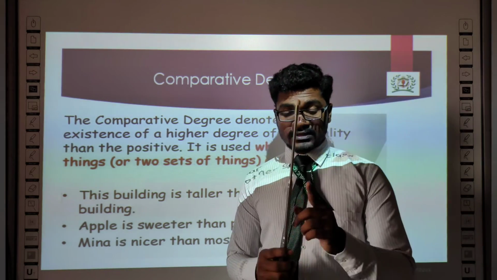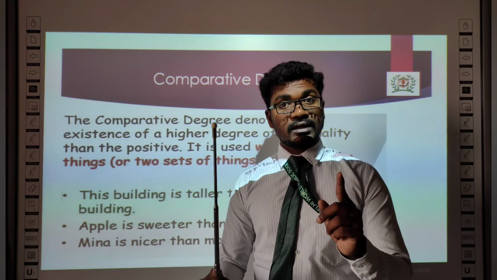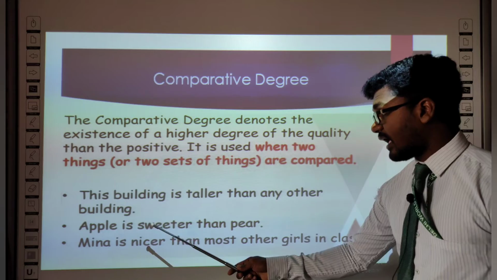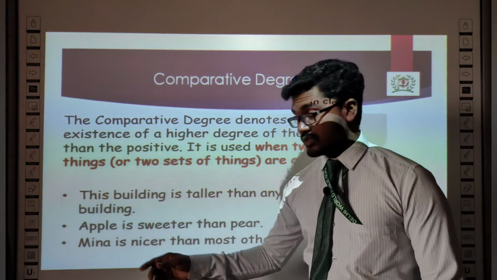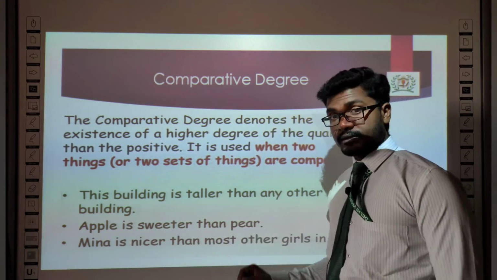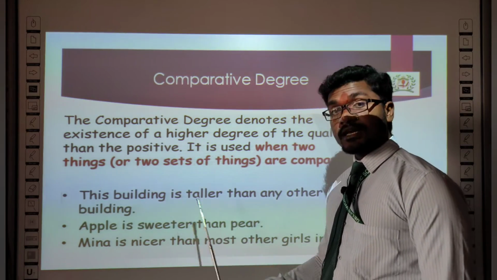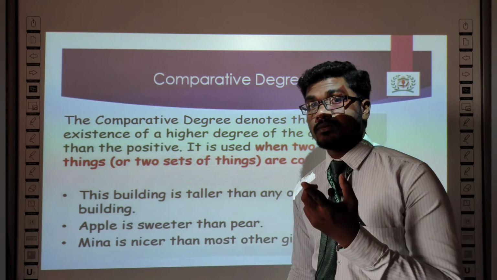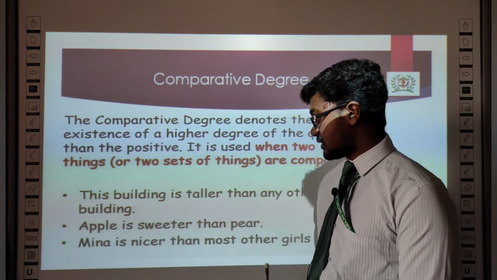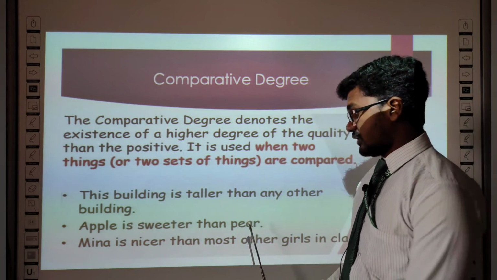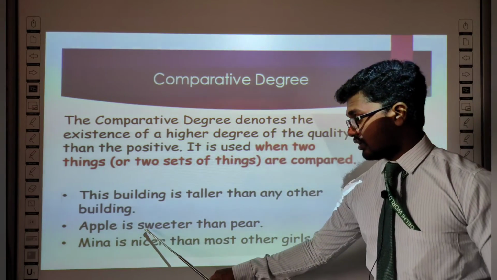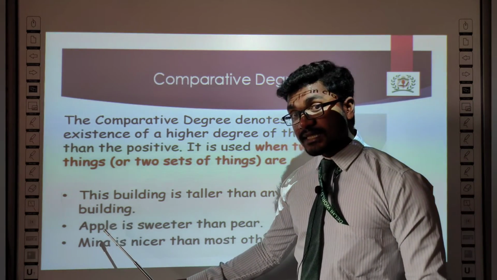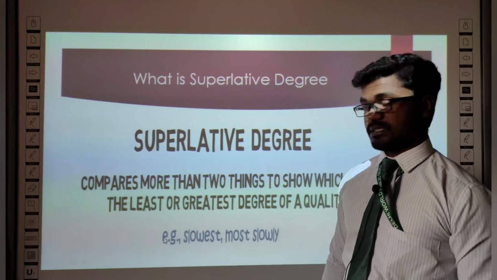That means this particular building is compared with another building, and when compared, it is taller. Apple is sweeter than pear. Here apple is compared with pear, and when it is compared with pear, apple is sweeter. So we are using er along with the adjective when comparing. If only apple is mentioned, we have to use only sweet.